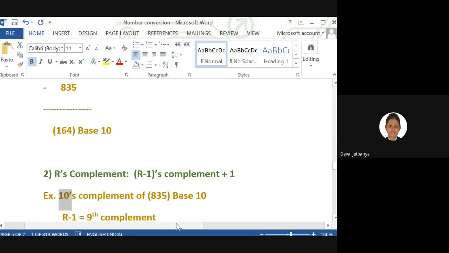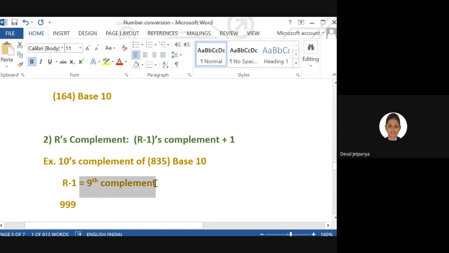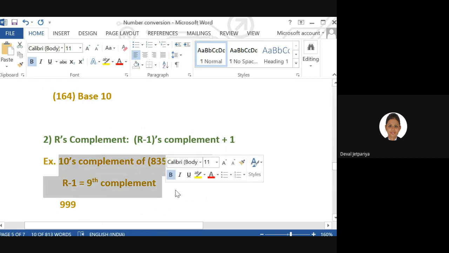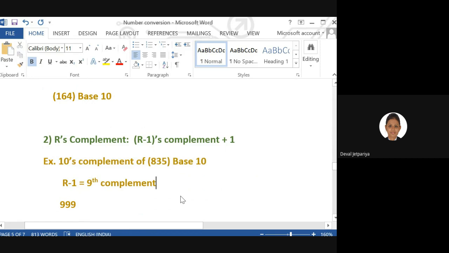So 10 minus 1 will give us the 9's complement. Yes or no? Are you able to get this? Yes, or should I repeat? Any query in this, students?